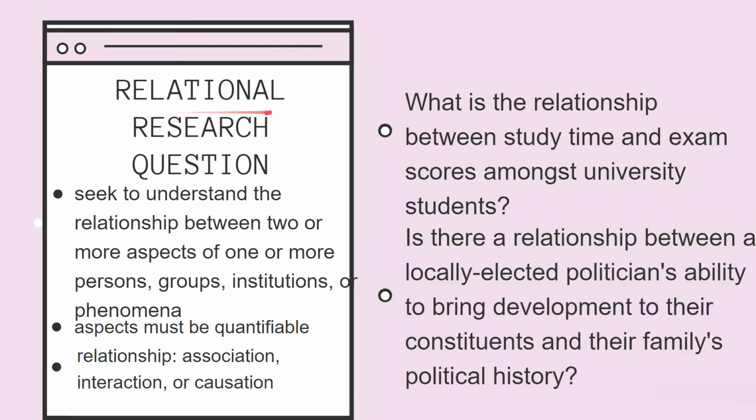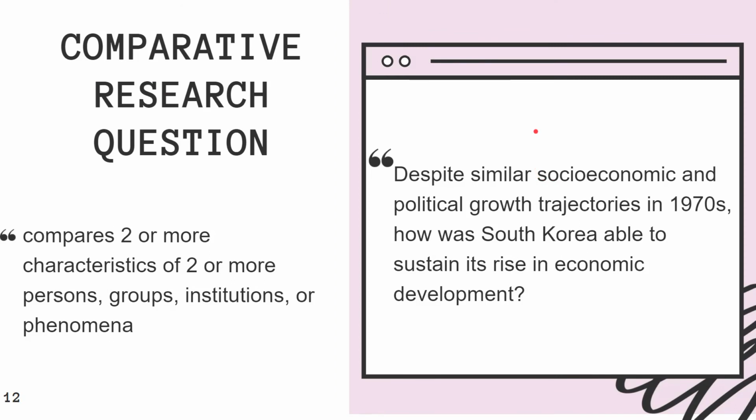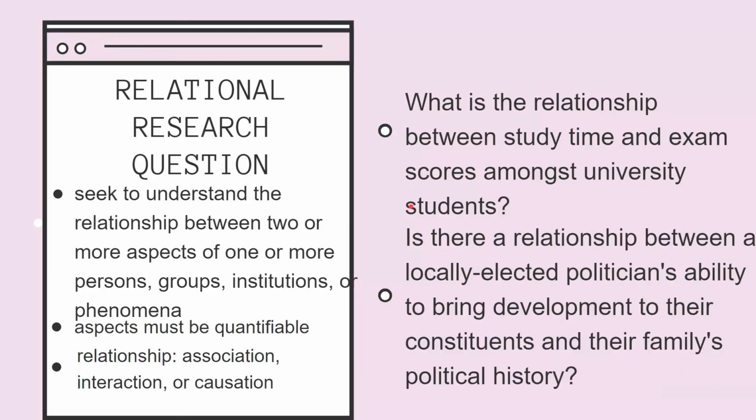So remember the keyword, relation. When we are doing a relational research question, we are asking whether two things have a relation. So remember that if you are going to have descriptive research, meaning you only have one variable, you will use descriptive research questions. If you are using a comparative or causal comparative type of research, we are going to have the comparative research questions.